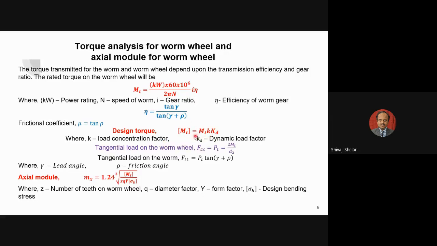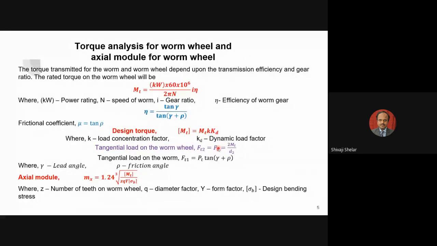Then based on this value, we need to calculate the tangential load. The tangential load on the worm wheel, which I have written as FT2, is equal to PT, that is equal to 2Mt upon D2. This is the rated torque upon the diameter of the worm wheel, multiplied by 2, which gives the tangential load.